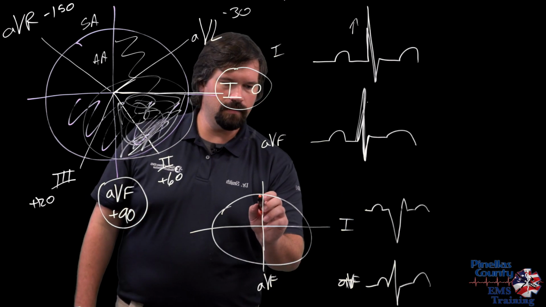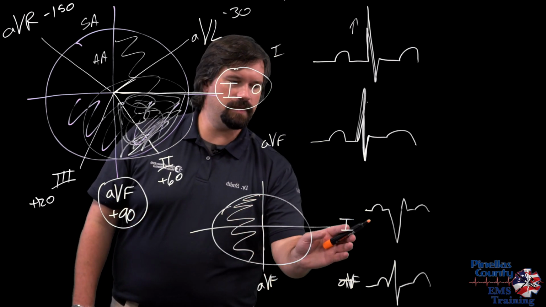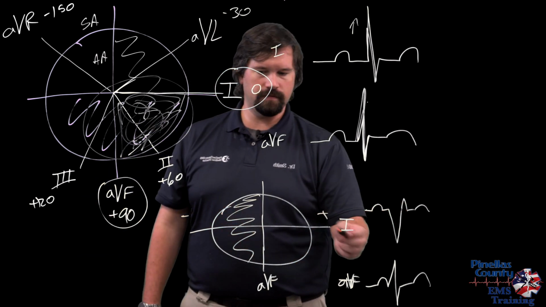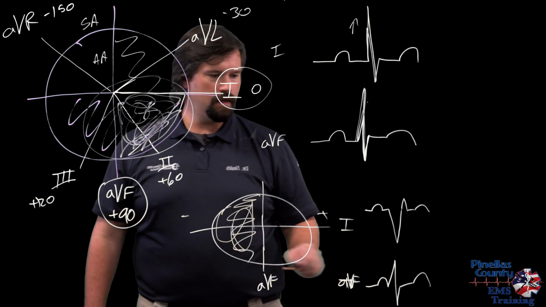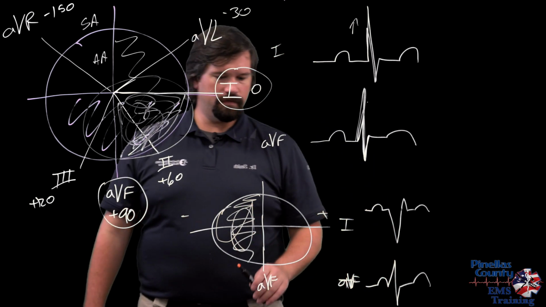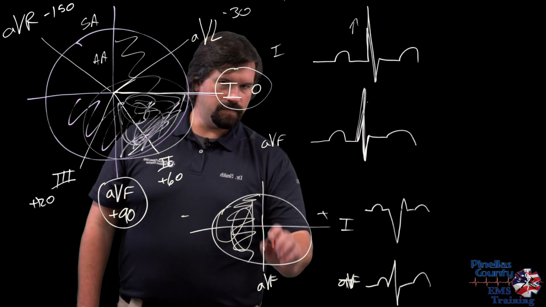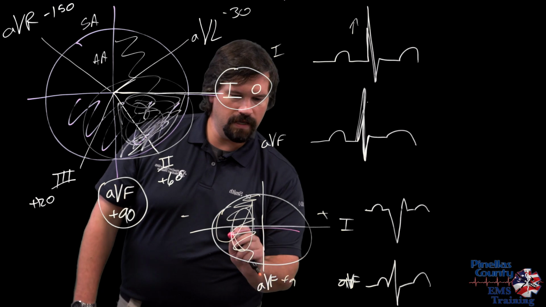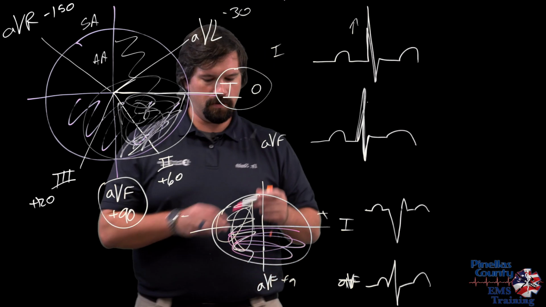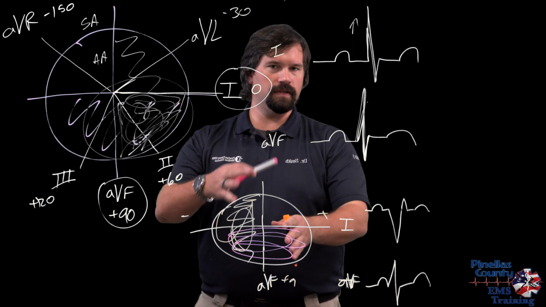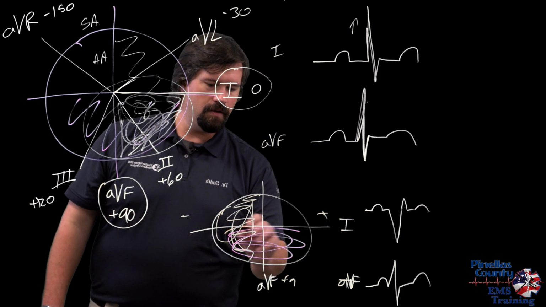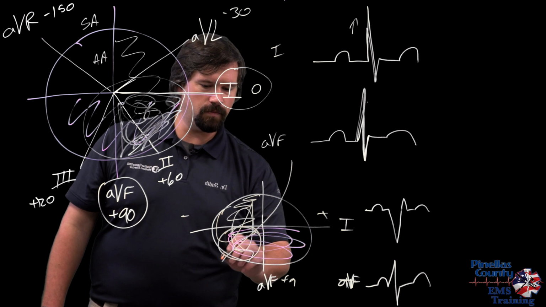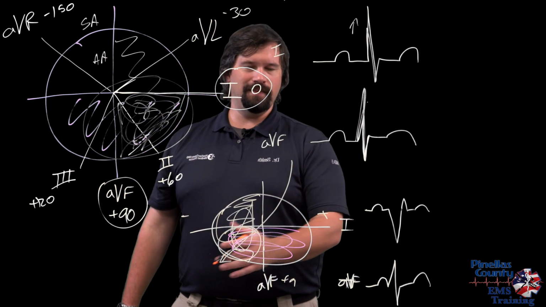So you're looking over here in respect to lead 1. So this is positive for lead 1, negative for lead 1. So this is more negative, so the negative portion of lead 1. This is positive in AVF. So again, AVF is positive down here because it's a plus 90. So all of this is going to be positive for AVF. So where do the bulk of the electricities overlap? Right here. So that means your electricity overall is moving this way, or it's deviated to the right.